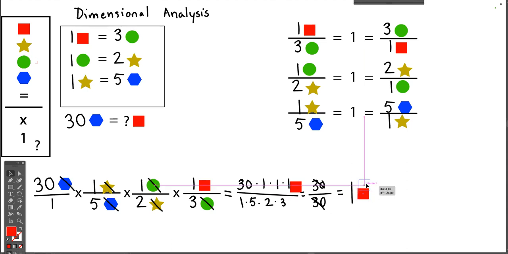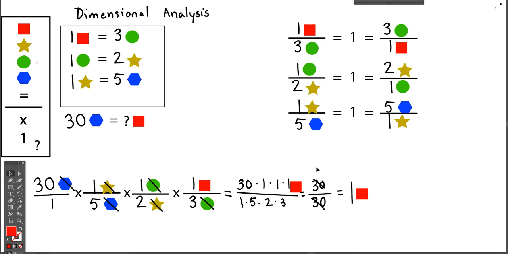If you ever see a number without a unit on it in chemistry, you should get really concerned. That should be a big red flag, because in chemistry, we always, always, always have units. Okay? So hopefully this problem has shown you the power of dimensional analysis and using conversion factors. As you get better and better at this, you will get faster and faster.